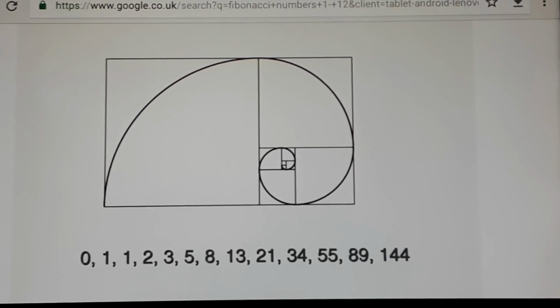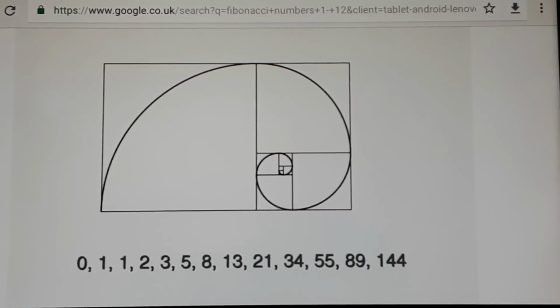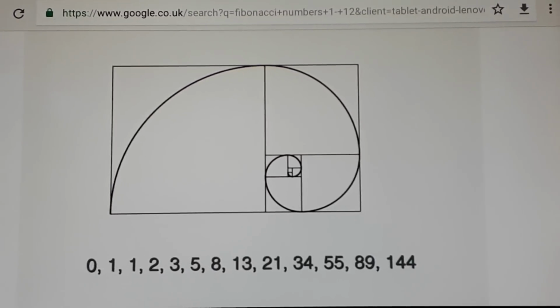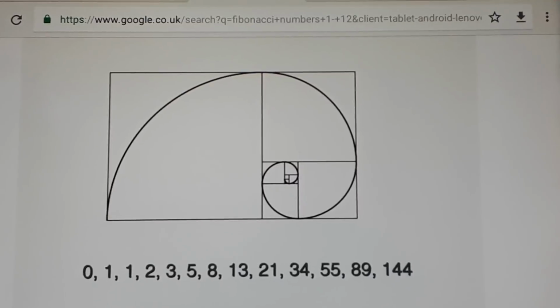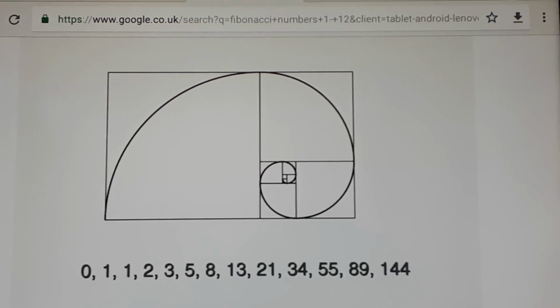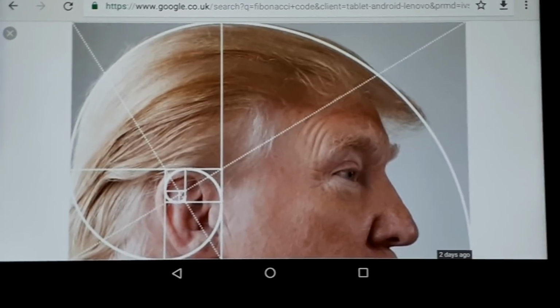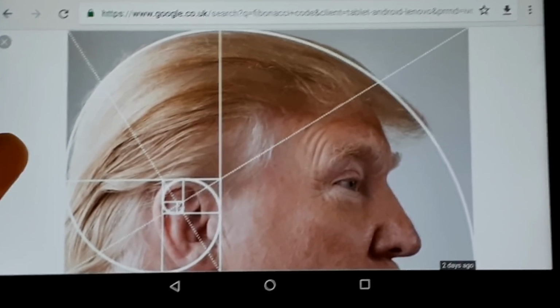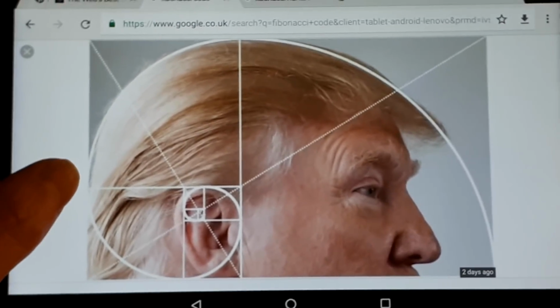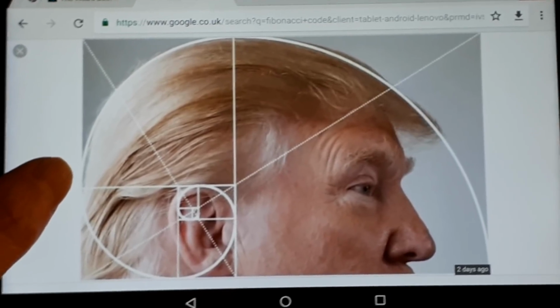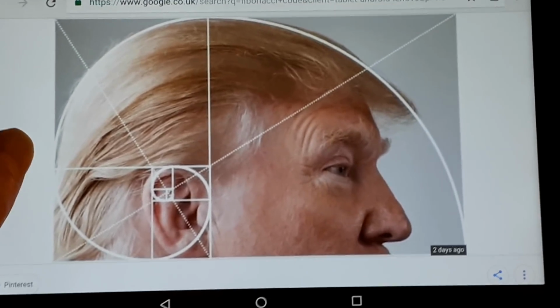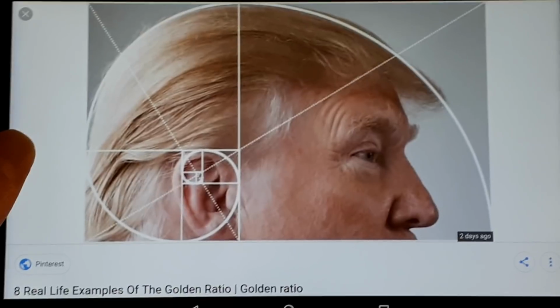There's an equation for that as well, but I don't want to overcomplicate the video. It involves the golden spiral, which is also found in nature, because it's in snails' shells, and also in feathers.